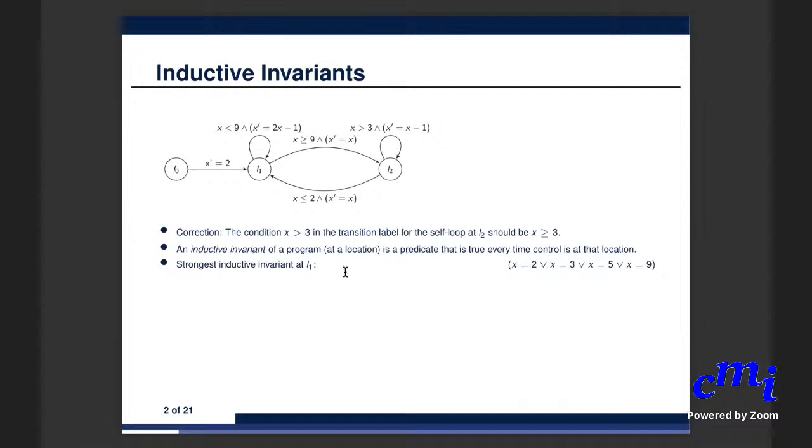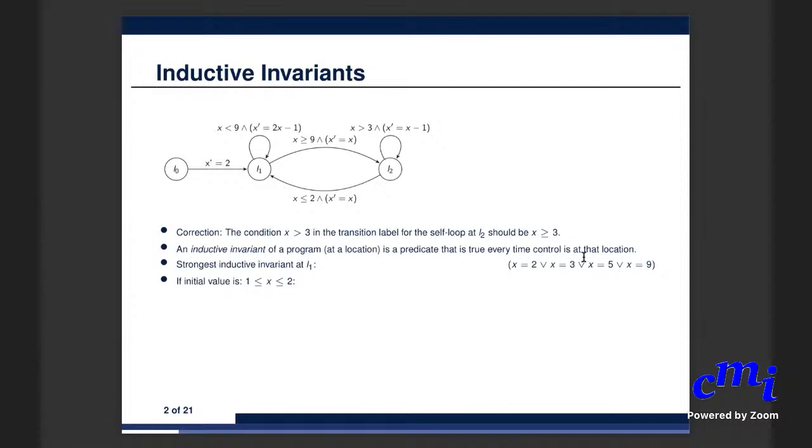So the strongest predicate, by strongest I mean the one that captures exactly, precisely, the set of values that x can take when you're in location L1, is something like this. That is what you will have to do in order to verify a program with loops in general.